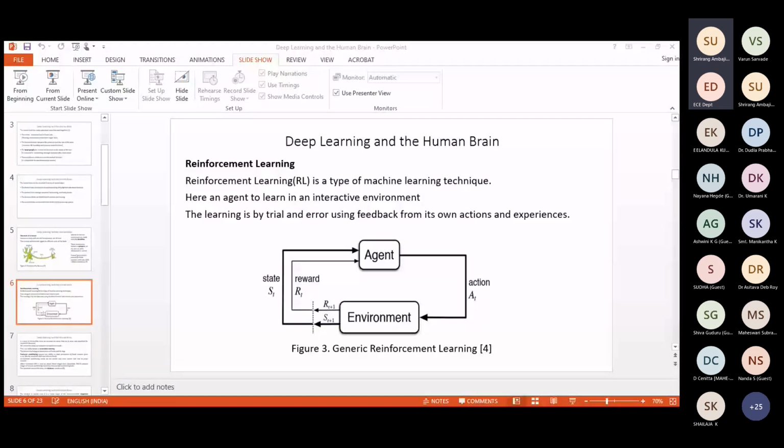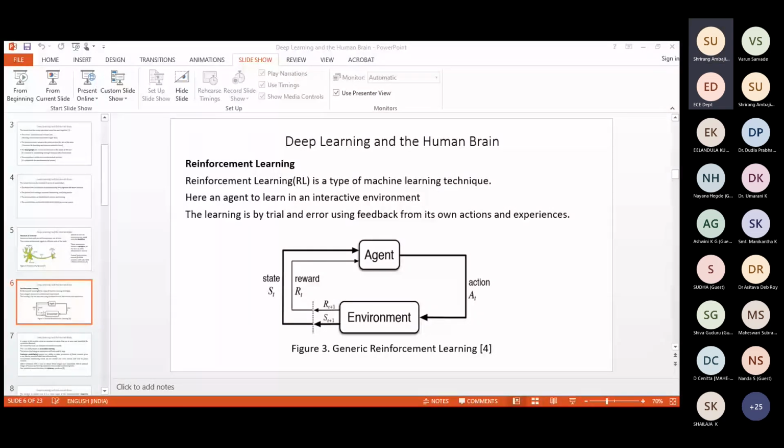Okay. So mathematically, the policy in Q learning is modeled as an action value function, which represents how much the agent is willing to take an action A in a given state. And the outcome of this is called a Q value.